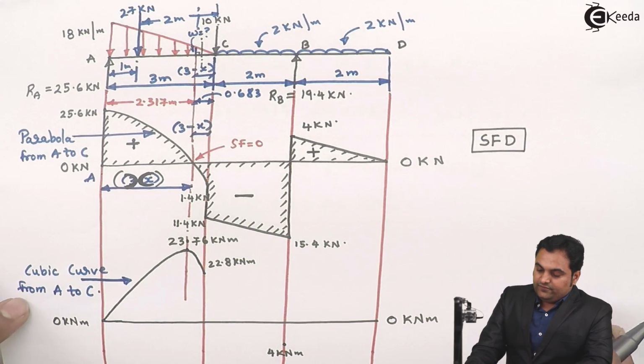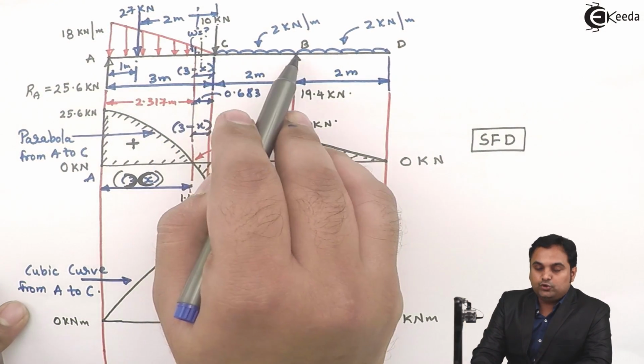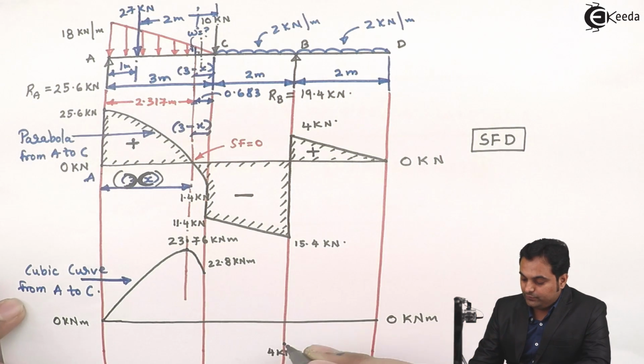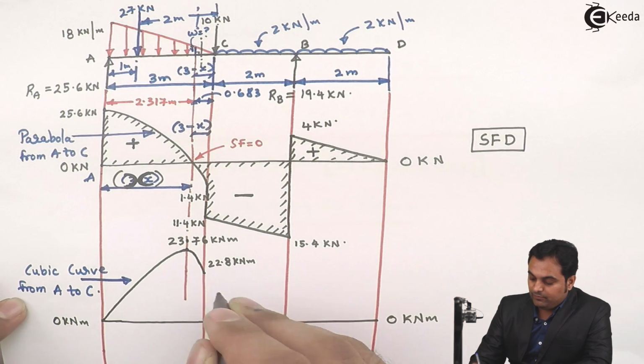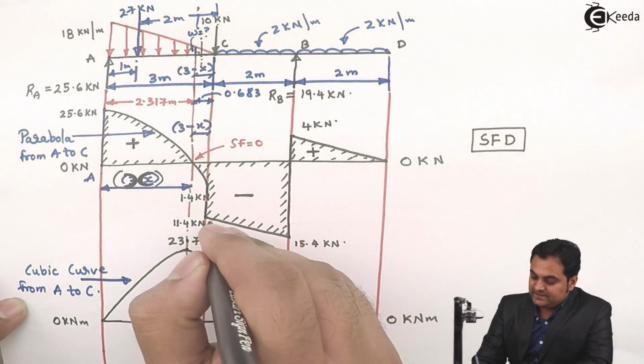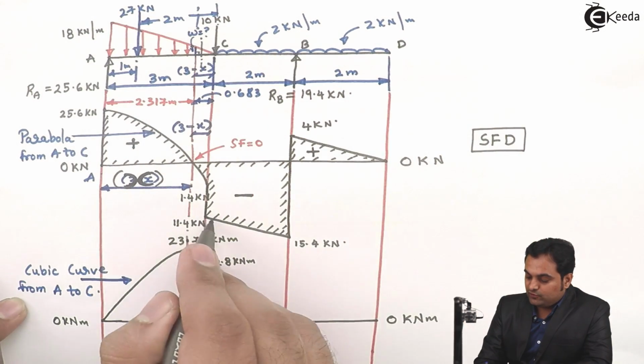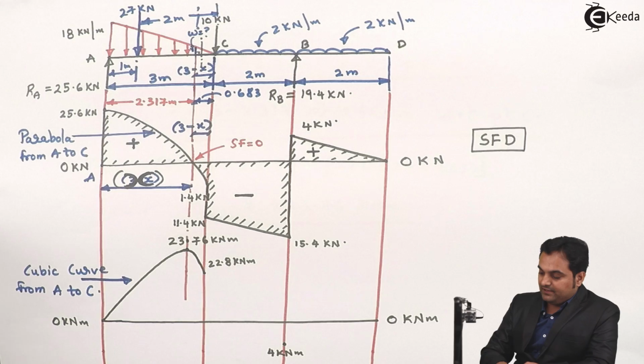Next, if we see from C to B there is UDL, so 22.8 will be joined to 4 with the help of a parabola, because since there is UDL, shear force is an inclined line, so bending moment should be a parabola.